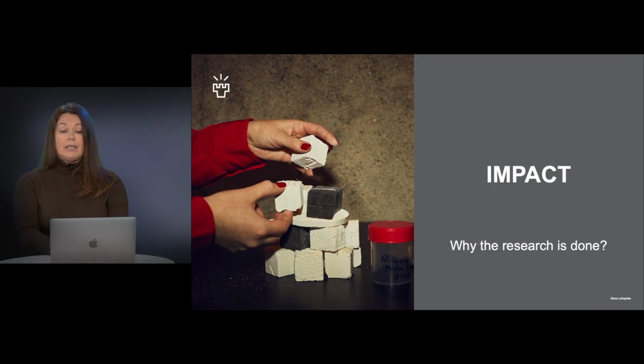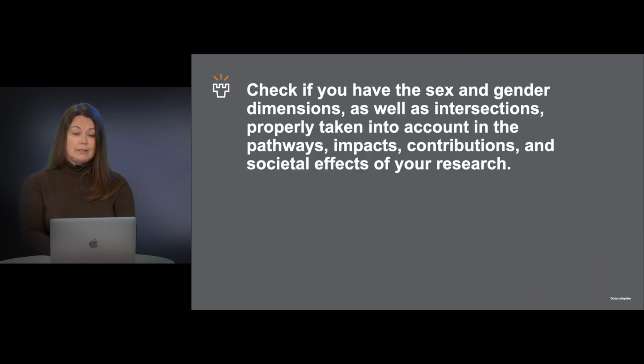The third part, impact, why the research is done, is probably quite broad in that sense, because it's going to be evaluated if sex and gender dimensions as well as intersections are properly taken into account in pathways, impacts, contributions and whole societal effect of your research.